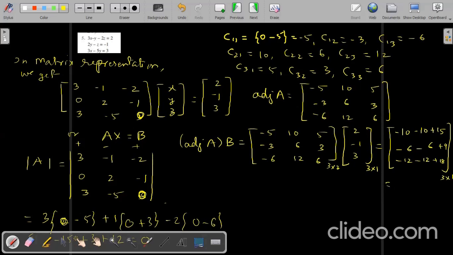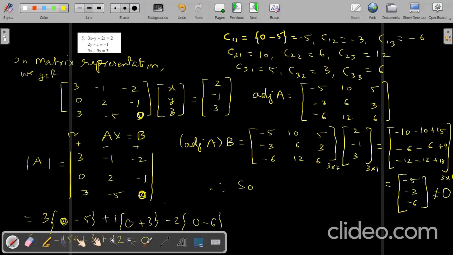So the answer will be a column matrix that will be minus 5, minus 3 and minus 6, which is not equal to 0 matrix. That is O. Capital O is the 0 matrix. The solution of the given equation does not exist.